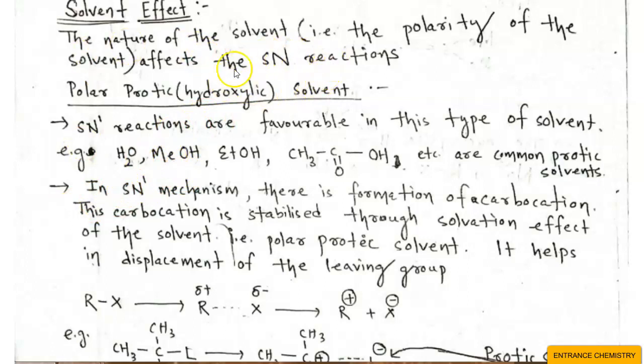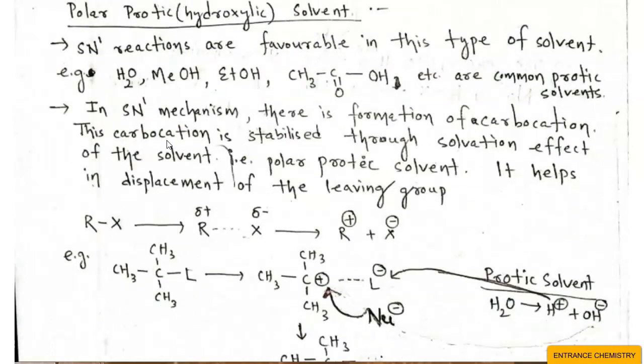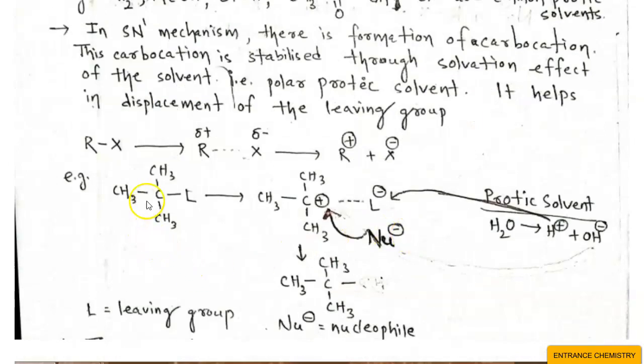Mostly this type of solvent favors SN1 reactions, because in SN1 mechanism there is formation of a carbocation. As you see here, this is the carbocation. So this carbocation is stabilized by this polar protic solvent.